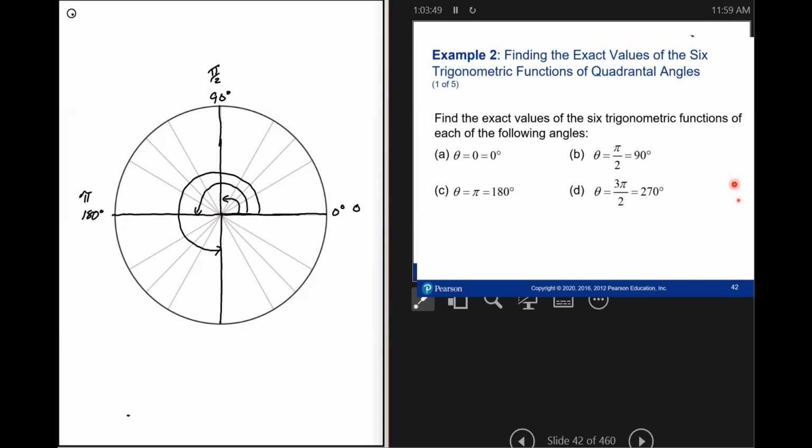We've gone 3/4 of the way around, and 3/4 of 360 happens to be 270 degrees, or 3 pi halves. I've gone pi and then I've gone half again. And then full circle, they don't talk about the full circle, but I do. You make one full revolution, well, that's 360 degrees. And by definition, that is 2 pi.